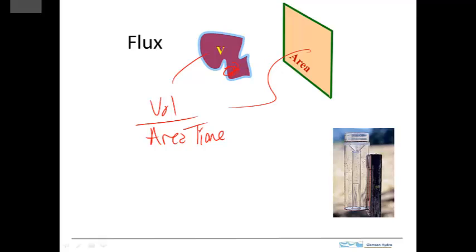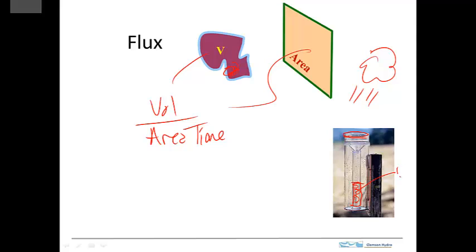An example of flux is the way that we measure rainfall. So we have some rain, it falls into a rain gauge like this, and we measure the volume. And so this is graduated, and the graduations allow us to measure the volume of water that's collected. So we take that volume and we divide it by this cross-sectional area, the cross-sectional area of the collector, and that's how we express the amount of rain.